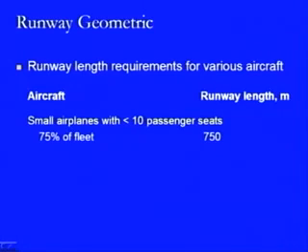If it is 75% of the fleet, then the runway length required is 750 meters, whereas if it is 95% of the fleet, meaning the total number of aircraft available in the overall system or on that airport, then it becomes 920.